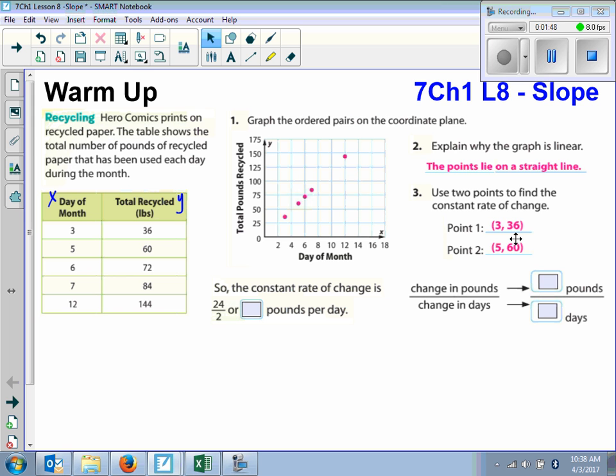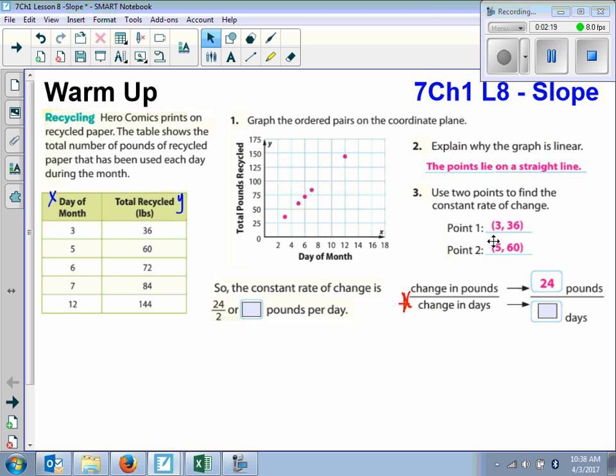Okay, so to find the constant rate of change, which is going to be the change in pounds over the change in days, we've got the change in pounds. How do I get the change in pounds? We subtract 60 minus 36, which gives us 24.